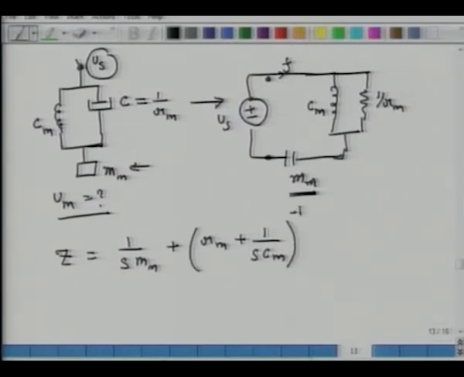Resistance should be Rm, not 1 by R. I have to take the inverse of it. This resistance and this inductance are in parallel. Resistance will be Rm, that is 1 by C. Yes, I'm sorry.